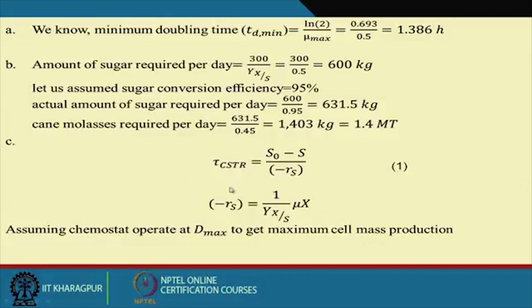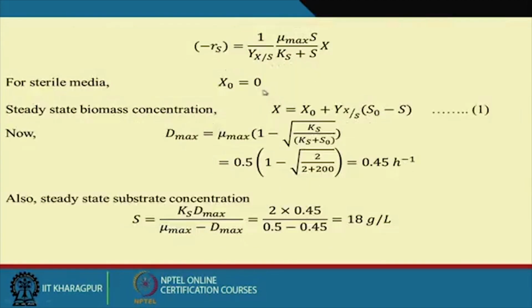Now, if you want to calculate the volume of the fermenter required, we know tau CSTR equals S0 minus S by minus RS. We calculate the mu max value, and from the mu max value we can find out the D max value, and from D max we find out the S value. What is D max?